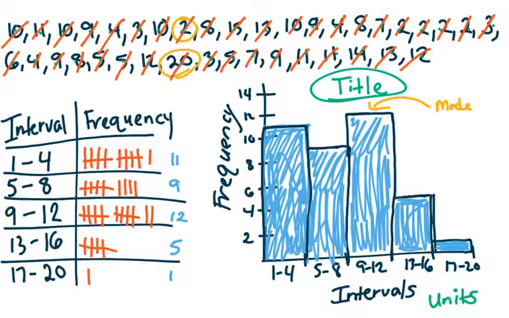My personal favorite way to do this is to actually turn the bars of the histogram into a dot plot. So because there are 11 values, I made 11 dots. For this one, there are 9 values, so I'm going to make 9 dots.